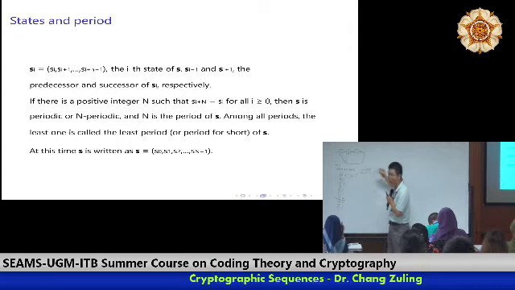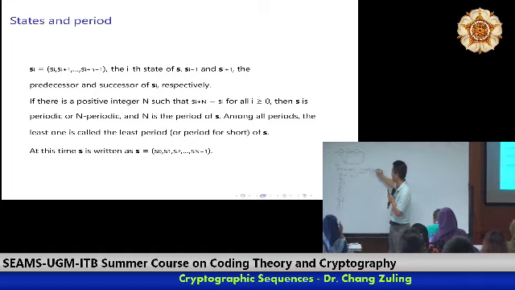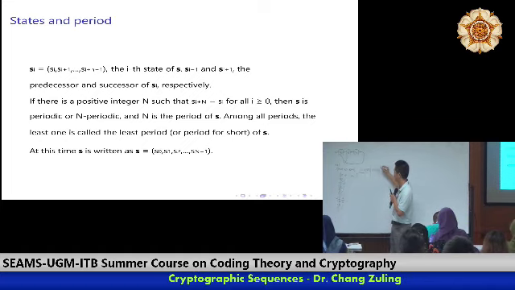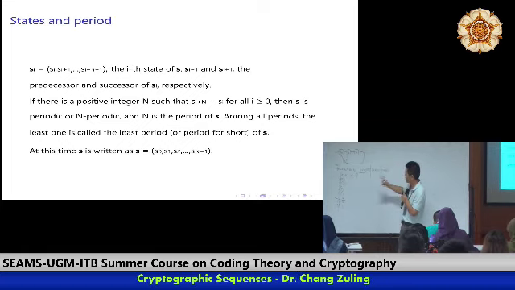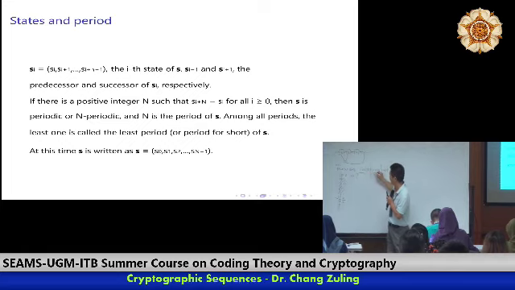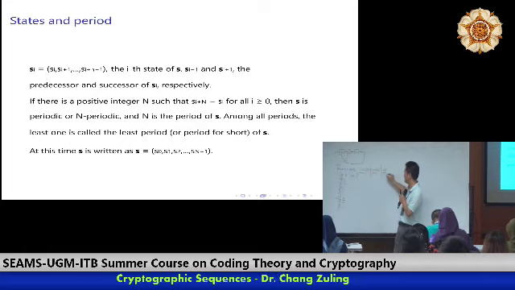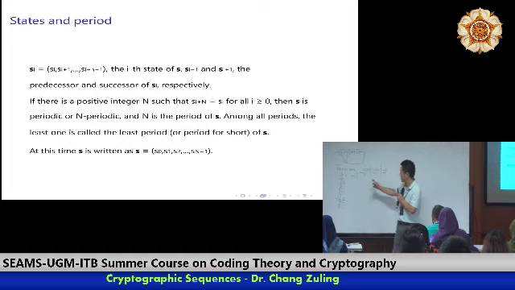One period is 1, 0, 0, 1, 0, 1, 1, and then we can continue 1, 0, 0, 1, 0, 1, 1. So this is of length 7. The period 7 is a period.